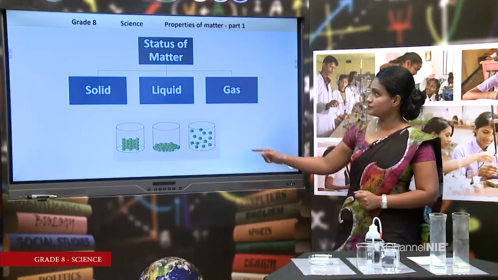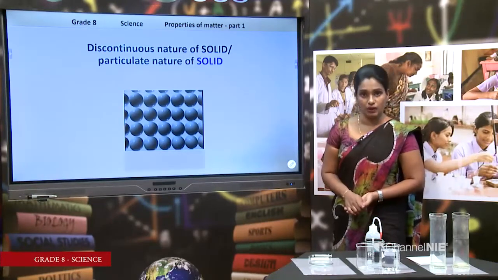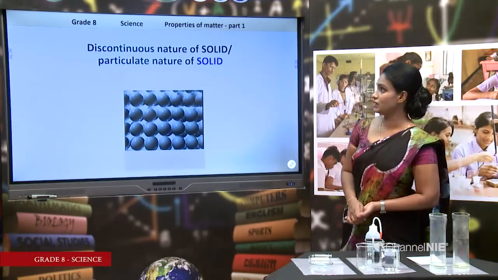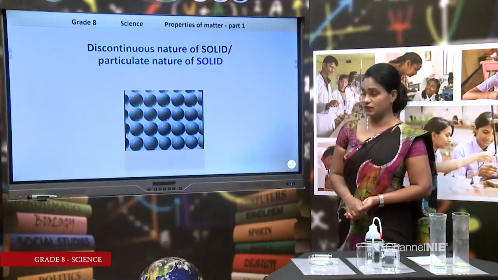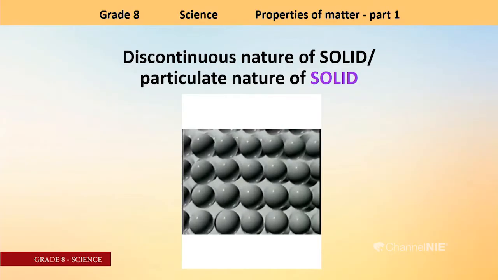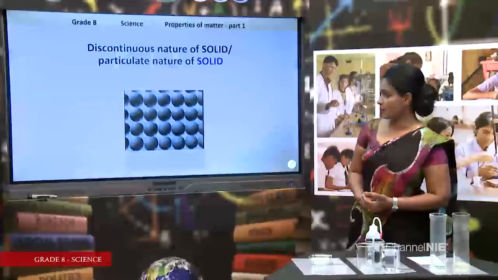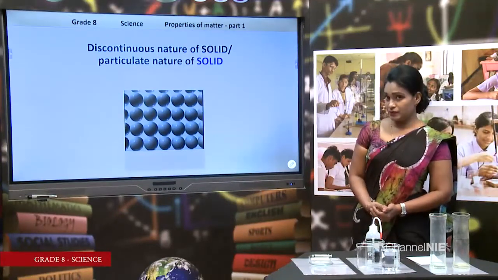Then, we are going to talk about a solid, right? Discontinuous nature of a solid. Can you see the particles are just doing their vibration while at their same positions. Here particles are closely packed and spaces among the particles are very less. I will tell you a nice example for this.